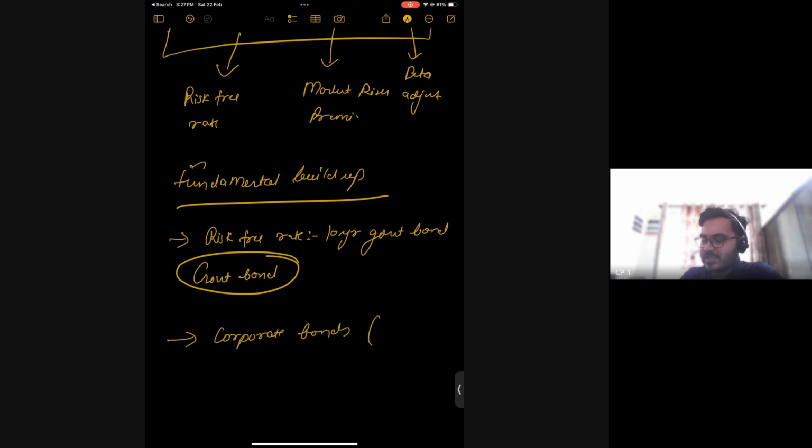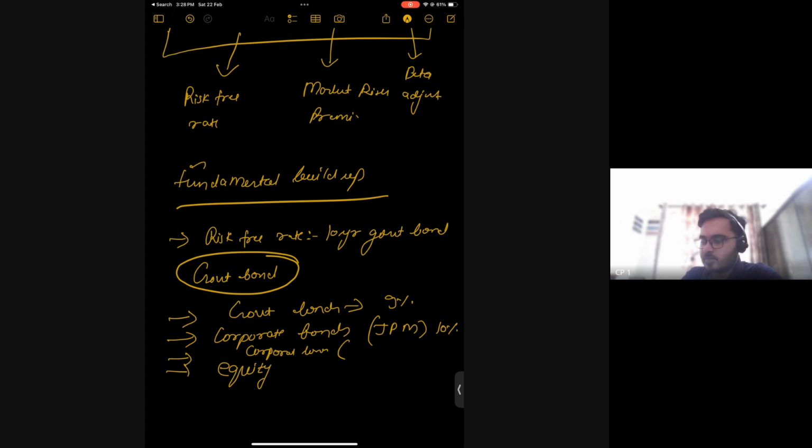Why will corporate bonds, even of the biggest companies, like JP Morgan, offer a higher rate? Let's create a hierarchy. If government bonds give you 9% return, JP Morgan will have to give 10%. These are again random numbers. The next step will be other corporate bonds.